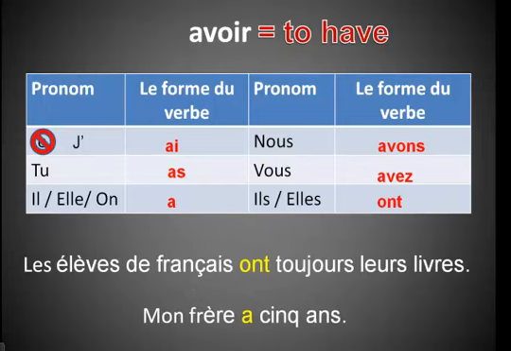Remember, in English, we say someone is a certain number of years old, but in French, you say someone has a certain number of years. So if we wanted to say my brother is 5 years old, in French, you say mon frère a 5 ans, which literally translates to my brother has 5 years. So careful, remember to use avoir when you're giving age.